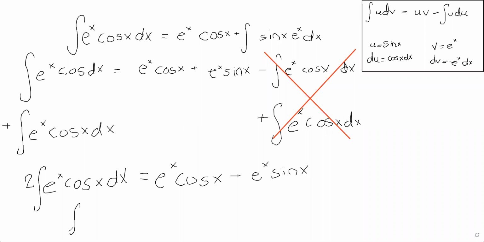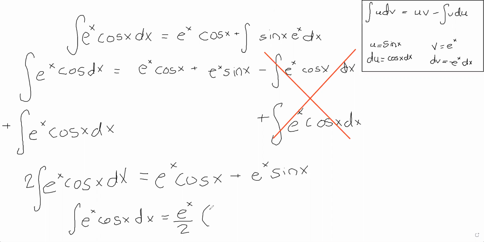the antiderivative, the indefinite integral of e to the x cosine of x dx is equal to 1/2 whatever appears on the right side of the equation. I'm actually going to factor out e to the x from both of those terms. So it's going to be e to the x over 2 when we divide everything by 2. In parentheses, I'm going to put sine of x first.